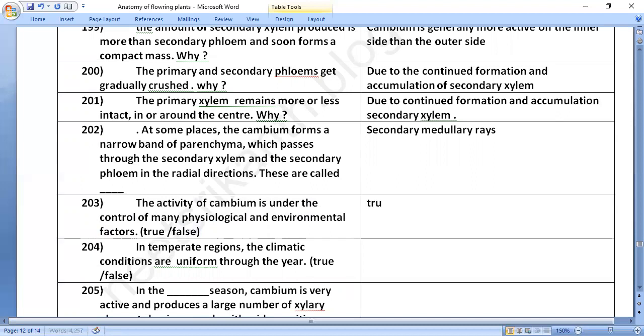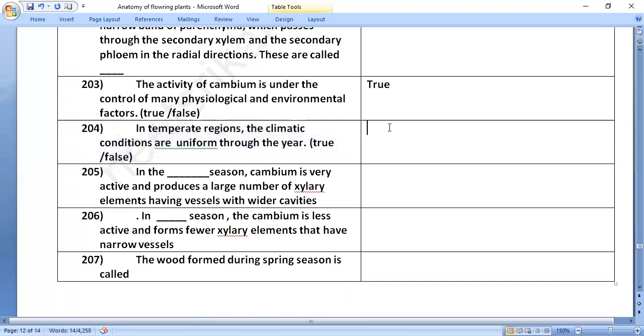True or false? In the temperate region, the climatic conditions are uniform throughout the year. False. In the spring season, cambium is very active and produces a large number of xylary elements having vessels with wider cavities.